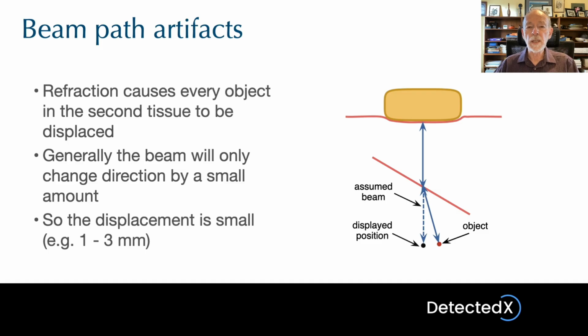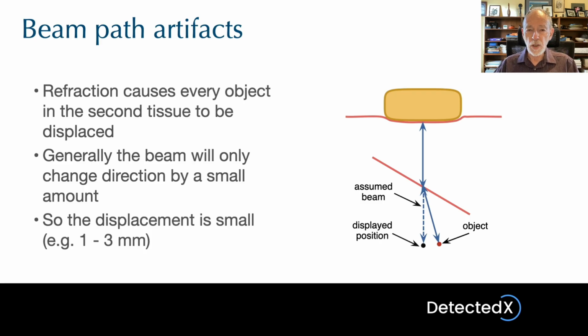So the question is, how serious is this? How much of a difference does it make to the image? The answer is that normally, when you take typical values and calculate the amount by which the image will be incorrect, you find that the position of an object is likely to be displaced by a very small amount, maybe 1 to 3 millimeters.